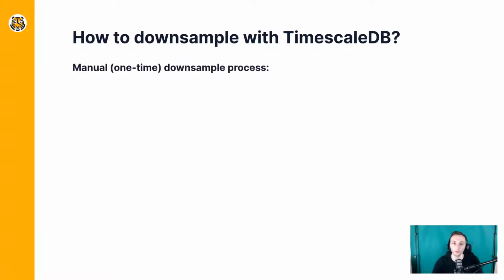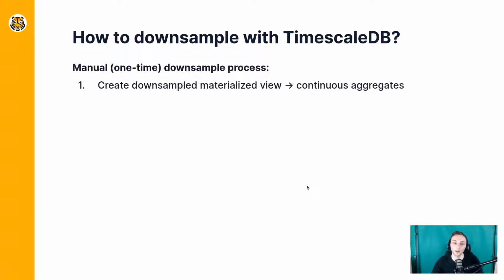You could manually downsample your data. This is a one-time job. You just do it one time, and I will show you how to do that. But I will also describe how to automate this whole process, so you downsample data that you consider older automatically as new data is coming into your database. But first, let's look at the manual process.